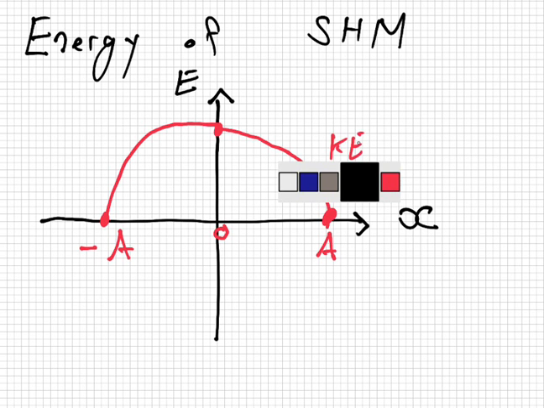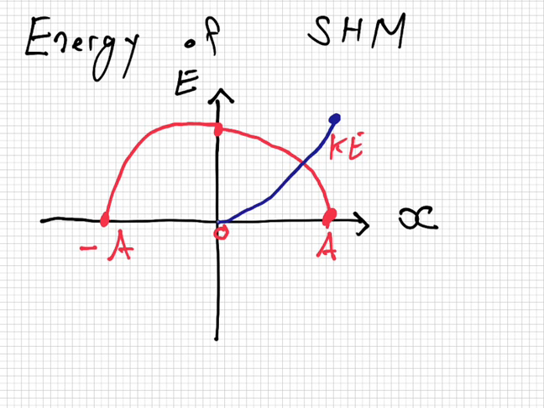So they're always opposite. It'll be the other shape, upside down. So this red one here is the kinetic energy, and then in blue is the potential energy. So here's potential. Then it falls down. No potential in the middle because the spring is relaxed. And then all the way back here.